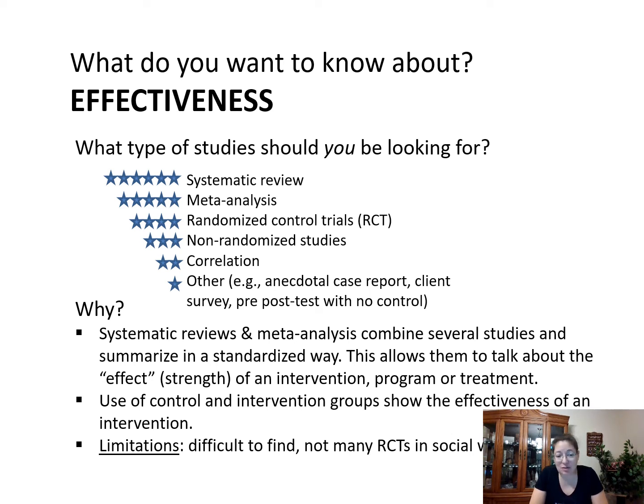Not many randomized control trials are conducted in social work. It's very expensive and also very difficult to have a control group with the very vulnerable populations that we work with. It just would not be ethical. So we have to depend on non-randomized studies and correlations most of the time.